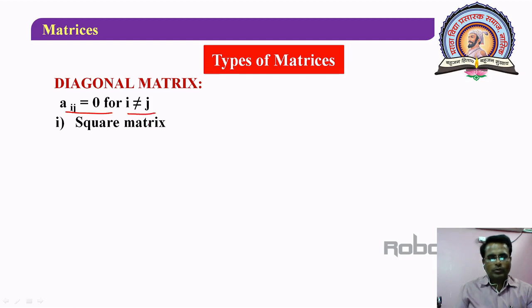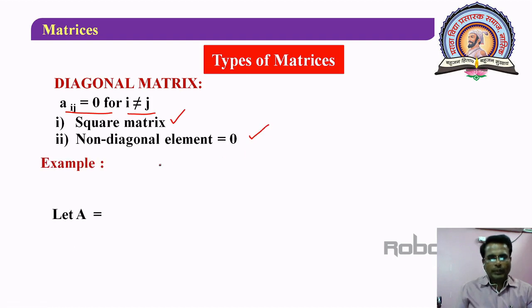I not equal to j are called non-diagonal elements, and i equal to j are called diagonal elements. A11, A22, A33 are called diagonal elements. Elements except these are called non-diagonal elements, that is i not equal to j. So a diagonal matrix is always a square matrix and its non-diagonal entries are zeros.